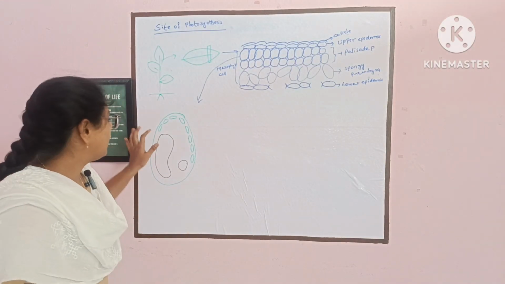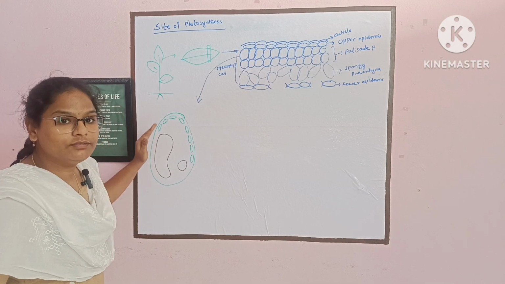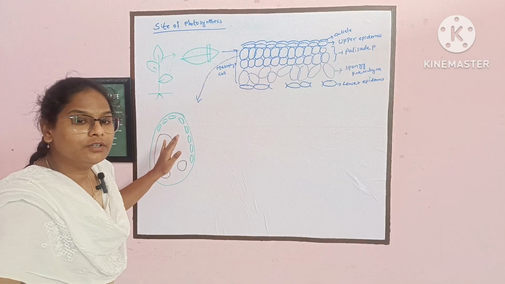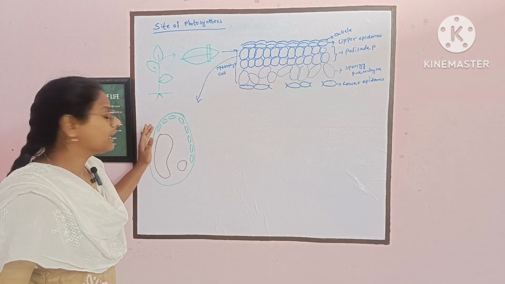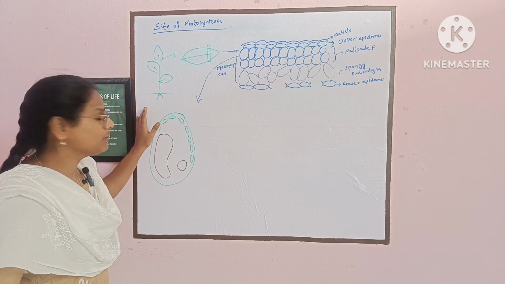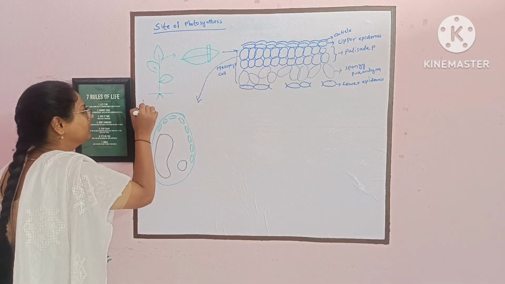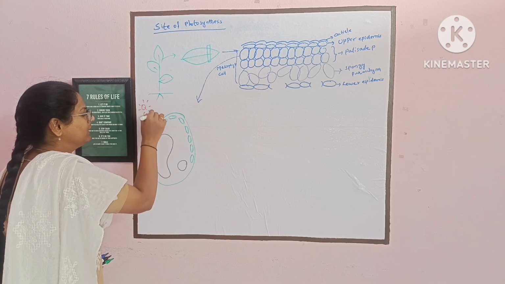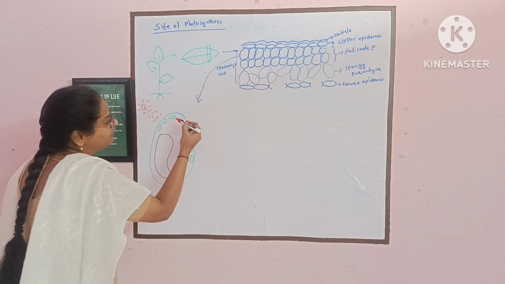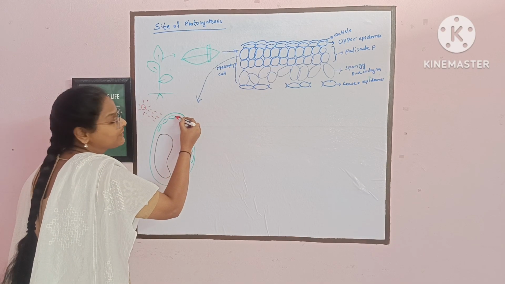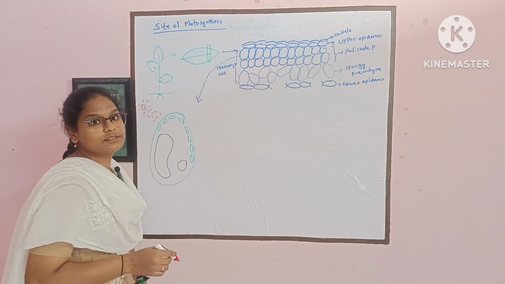They are located parallel to the wall of the mesophyll cell. Why are they arranged this way? To get maximum incident light, so that the pigments present in the chloroplast perform the process of photosynthesis.